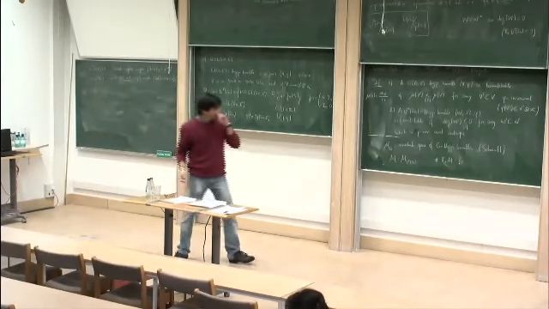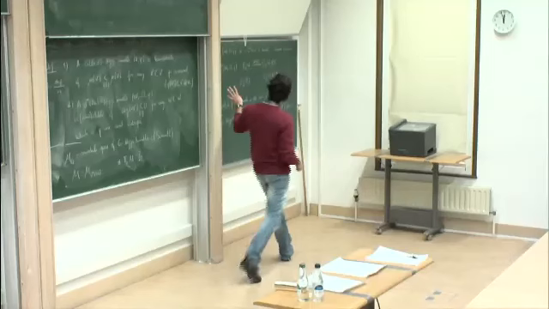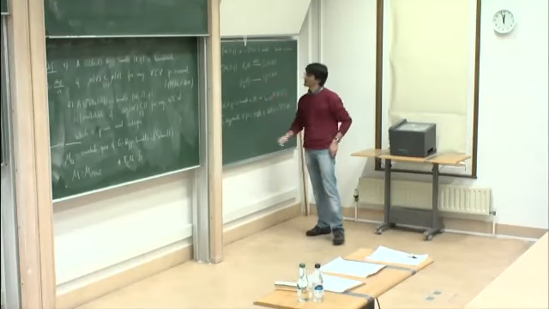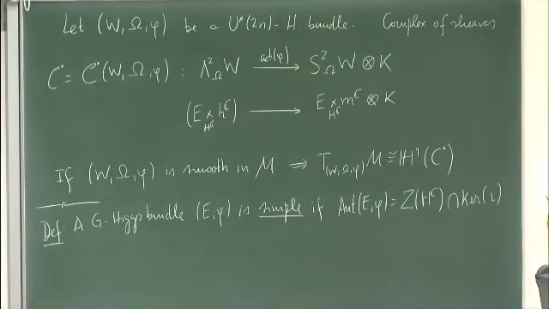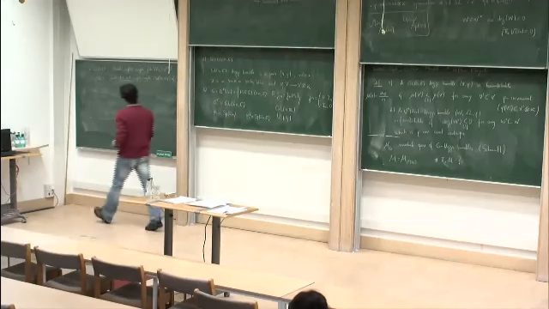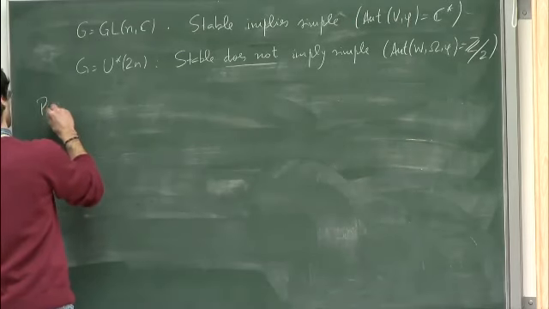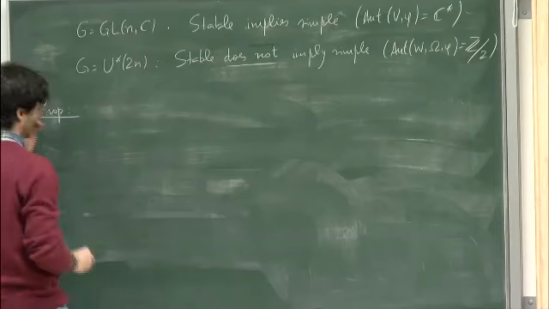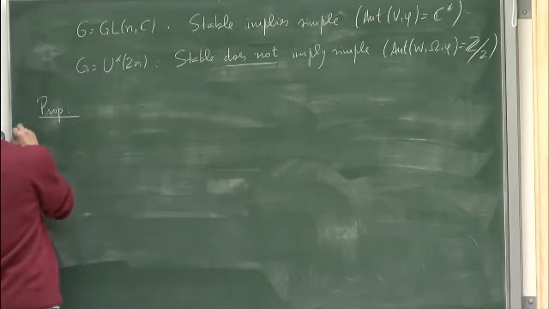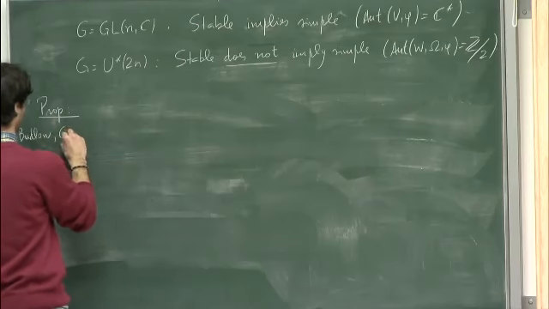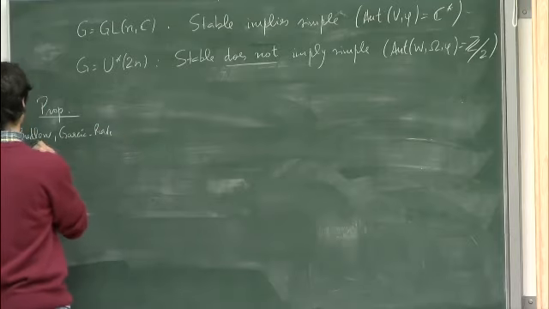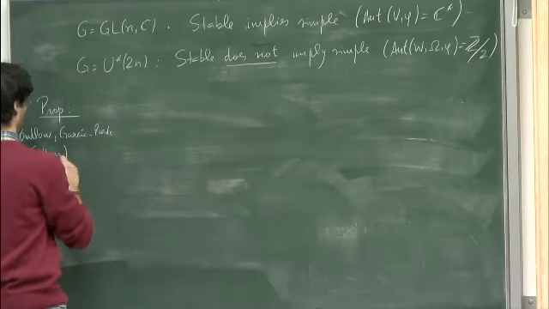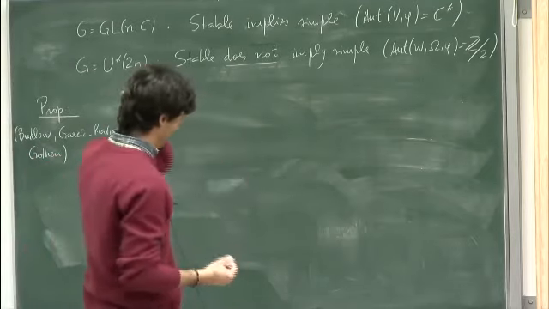Now we're using a kind of reduced version of this complex. It was proved the following result, proposition. It's in a paper of Bradlow, Garcia-Prada, and Gothen, in an upcoming paper.